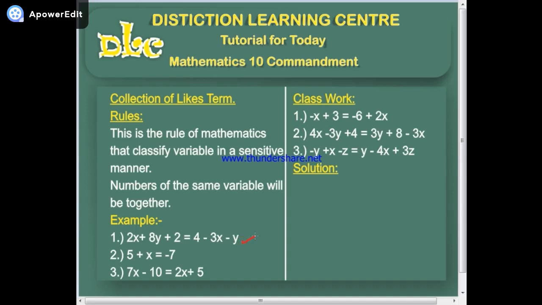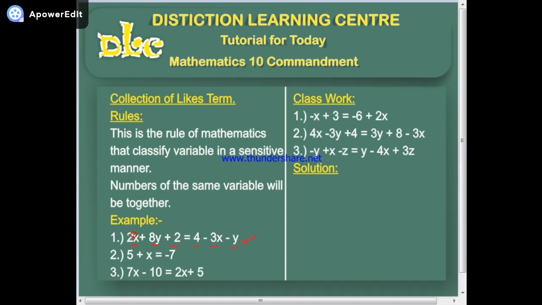Now, example 1 says 2x plus 8y plus 2 equal to 4 minus 3x minus y. So the first thing we are going to do is to gather the terms that have the same attribute together. That is, those variables that have the same attribute should be together. Now let's start from the x variable.